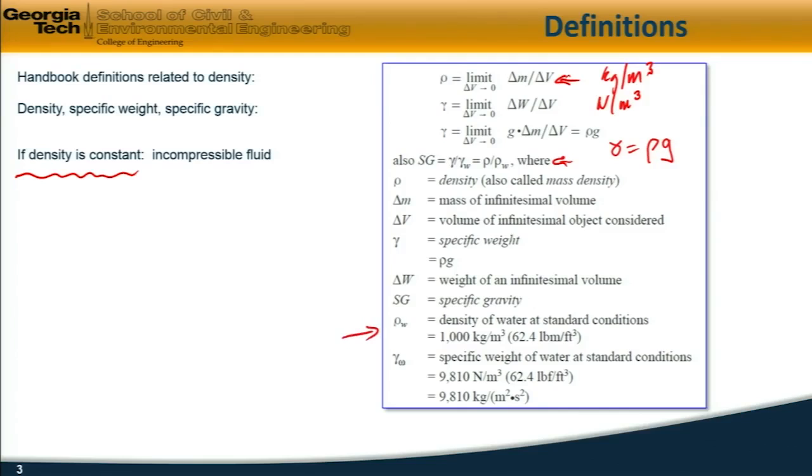Particular values that we'll be encountering very often: the density of water, rho w, is approximately 1,000 kilograms per cubic meter, or 62.4 pounds mass per cubic foot. The specific weight of water under standard conditions is either 9,810 newtons per cubic meter or 62.4 pounds force per cubic foot.